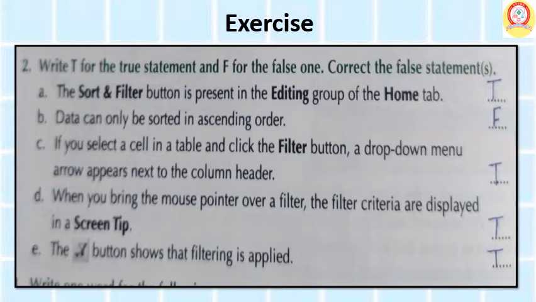C. If you select a cell in a table and click the Filter button, a drop-down arrow appears next to the column header. True. D. When you bring the mouse pointer over Filter, the filter criteria are displayed in the screen tip. True. E. The button shows the filter is applied. True.